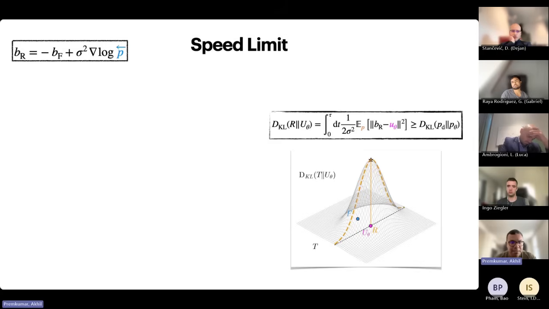Yeah. Raya, you had a question, or Gabriel? Gabriel, yeah. Quick question. Maybe you get this question a lot, but it seems to me that this entropy matching is kind of similar to flow matching, right? Because you're trying to match the velocity field. It is the same. Yeah. It is the same loss as score matching up to some prefactors.